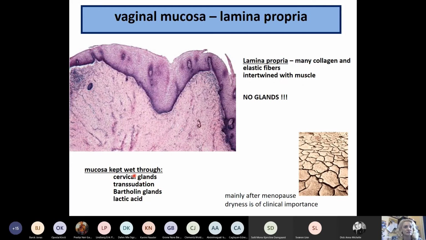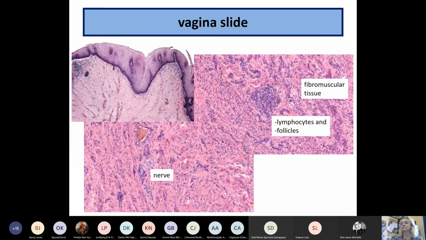But the main thing is the cervical glands, which cease to produce after menopause. So after menopause, vaginal dryness is a true clinical problem, because if the epithelium gets dry, then infections can happen, inflammation, infection, and it's itchy. So this is actually a problem of many women after menopause.